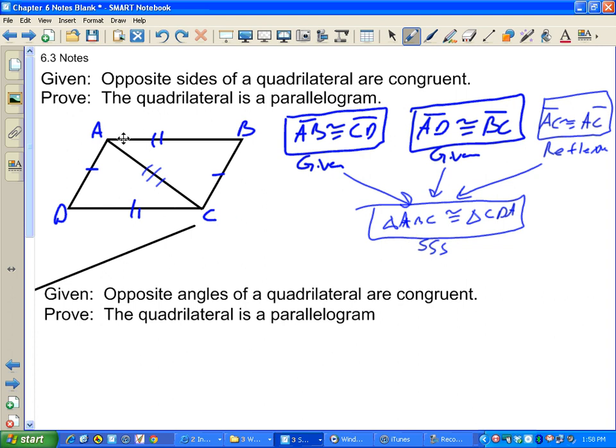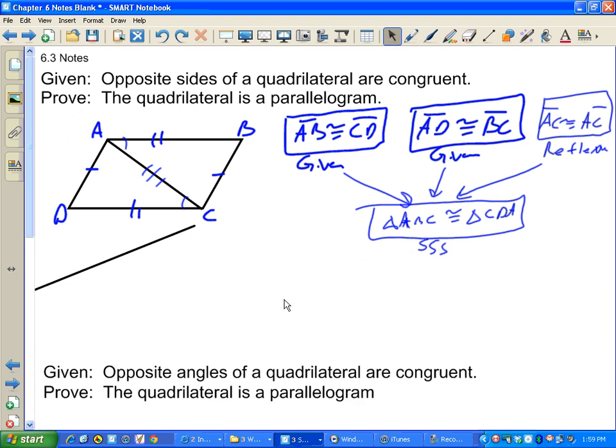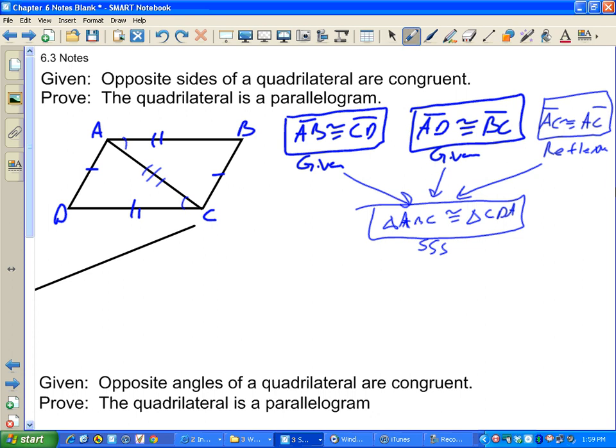Which then allows me to say that this angle is congruent to this one by CPCTC. So I can say angle BAC is congruent to angle ACD by CPCTC.